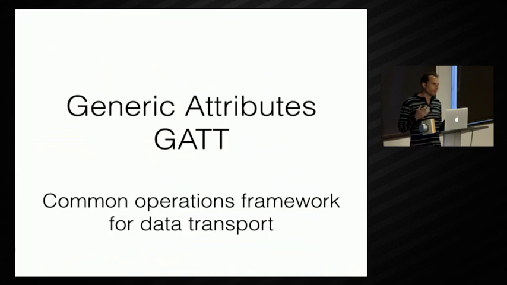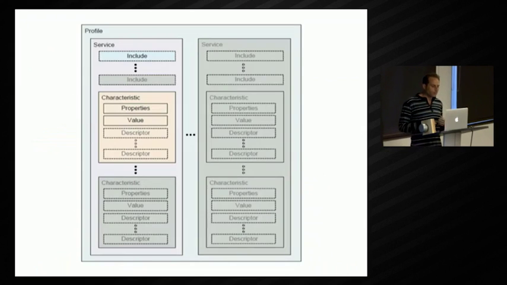For example, with a pedometer, two different manufacturers may have the same service that's available that can be read by any device, because all those different services are registered. So this is kind of what a profile of a Bluetooth device is.